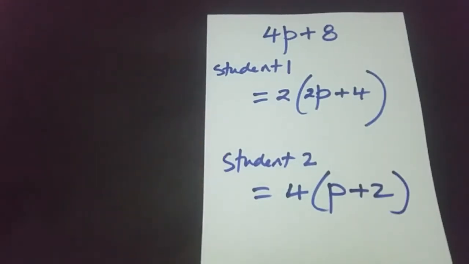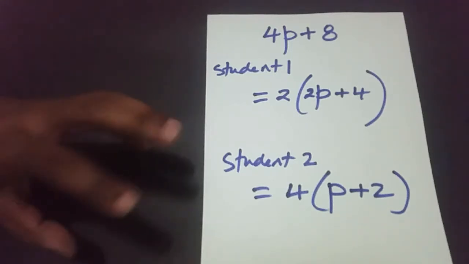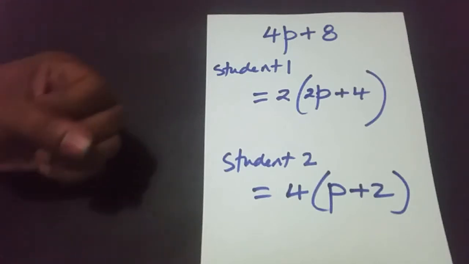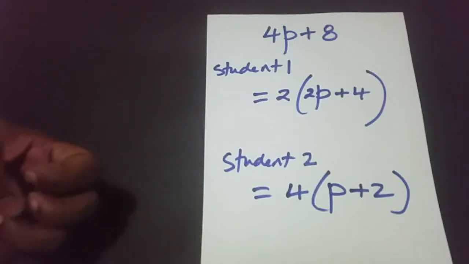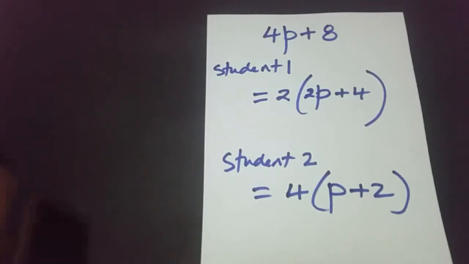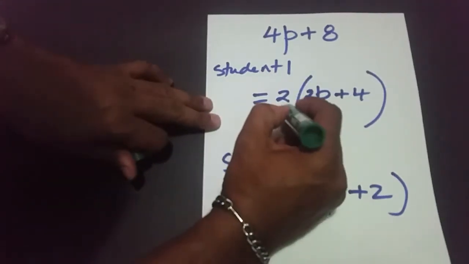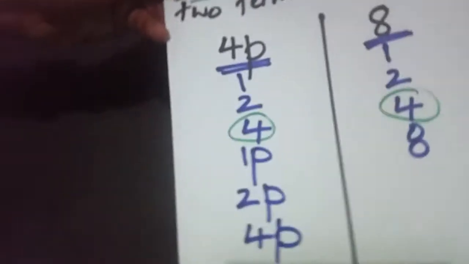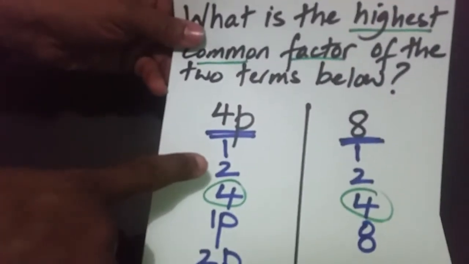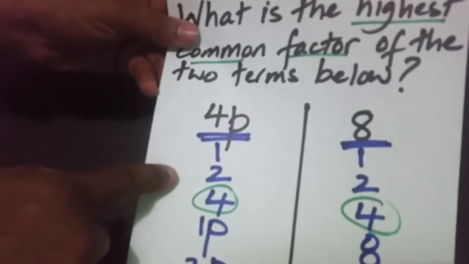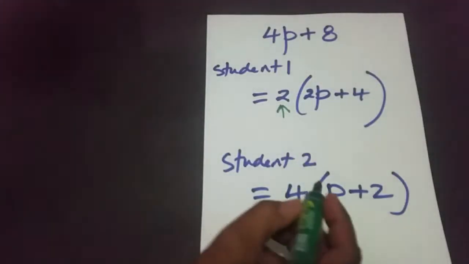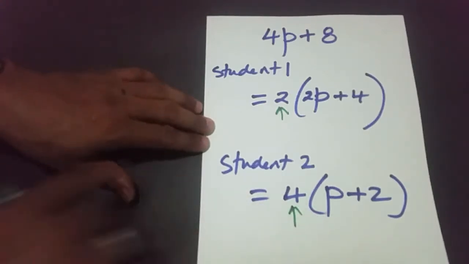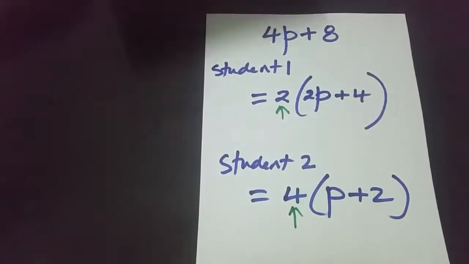Now, both students have factorized, but only one student would have factorized completely. And that means when you factorize completely, you're taking out the highest common factor. Now, if you look here, obviously 2 would be a factor of both the terms, right? And 4 is also a factor of both 4p and 8, as we found here.